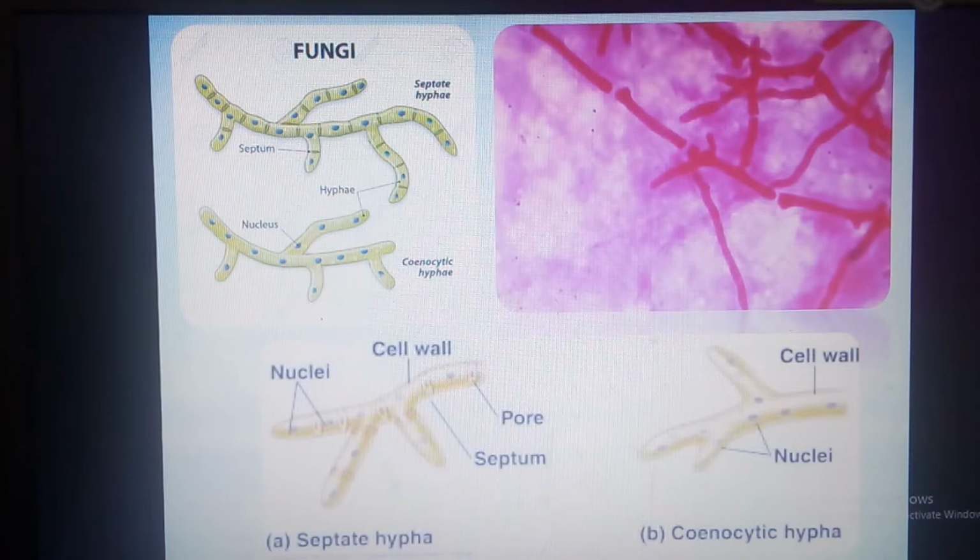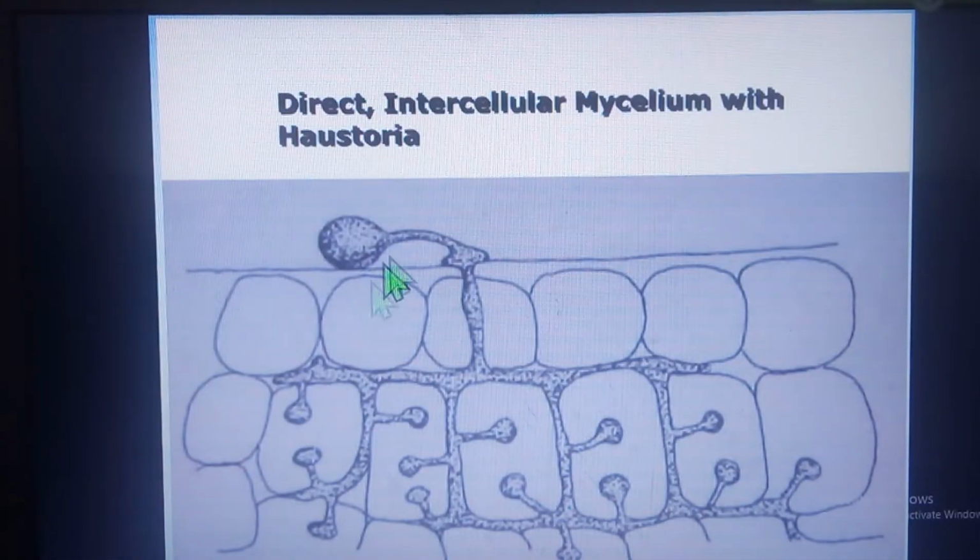Now, this figure shows that the Puccinia species grow intercellularly. Okay, you can see here they grow in the spaces between the cells. That means they grow intercellularly in the intercellular spaces, and they have haustoria.